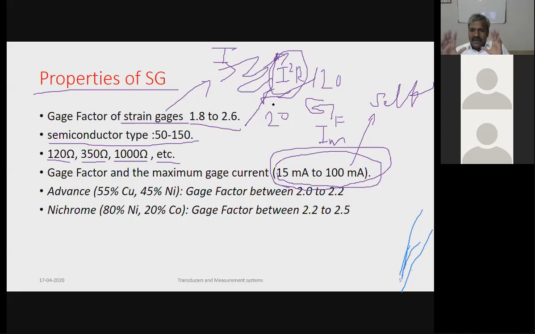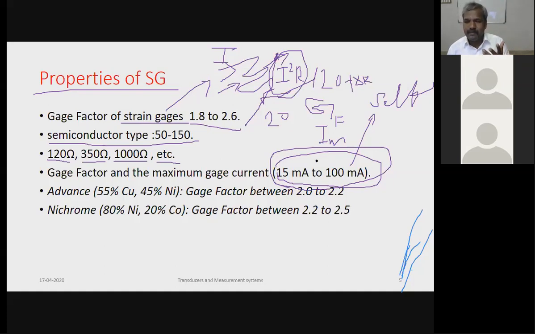In the unstressed condition, when we apply force, only then should the strain gauge resistance change from 120 to some value, del R. In the unstrained condition, it should show only 120.